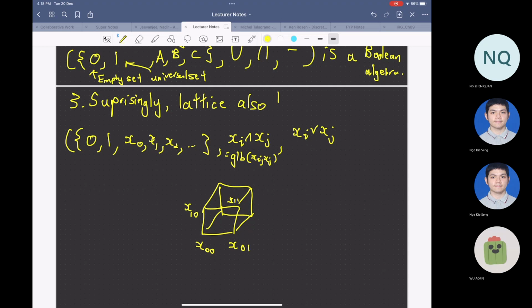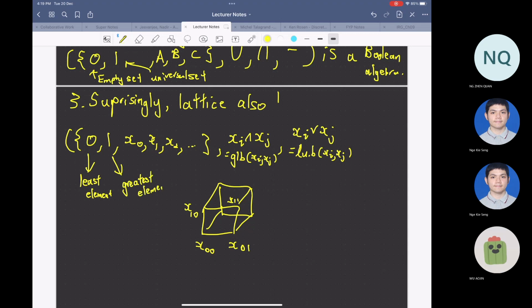You also can consider the lowest upper bound. So you regard the 2 points as a subset of the lattice. So in this case, the zero here will become the least element, and then one is the greatest.